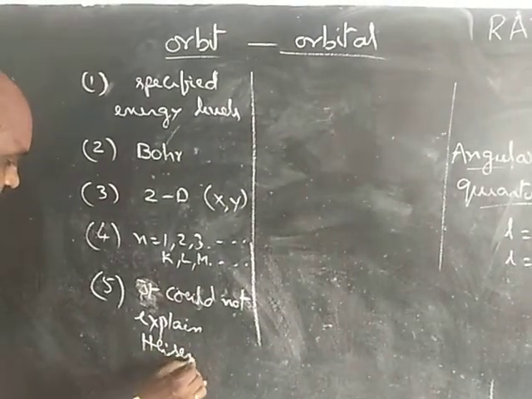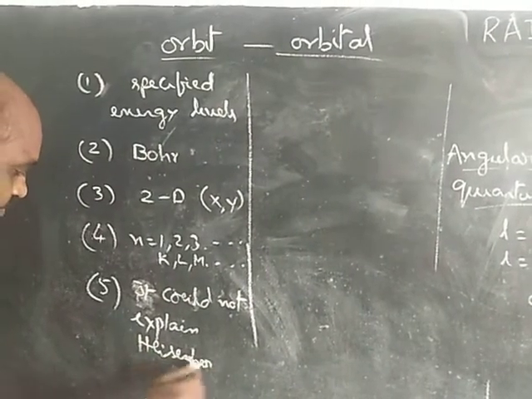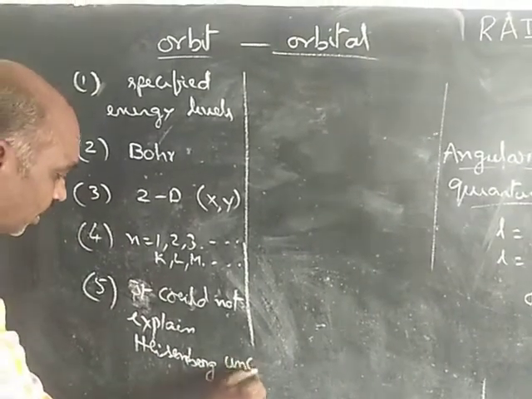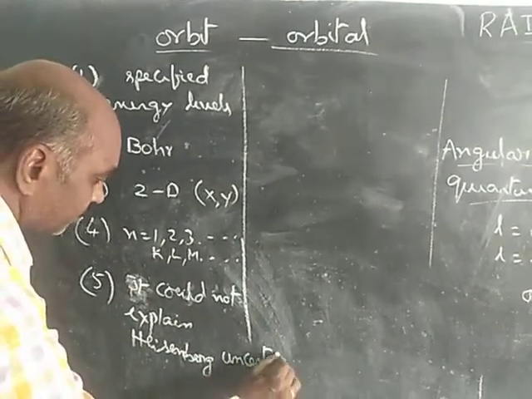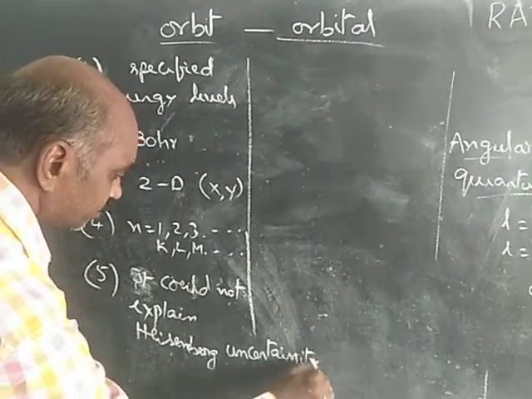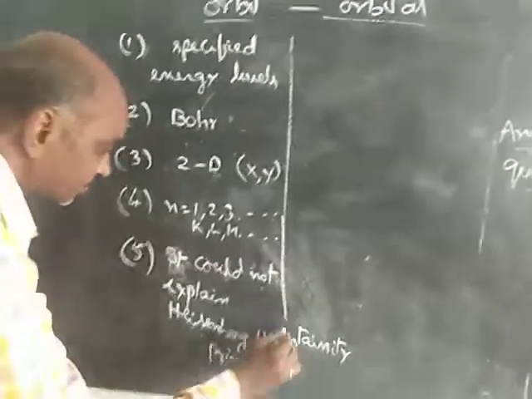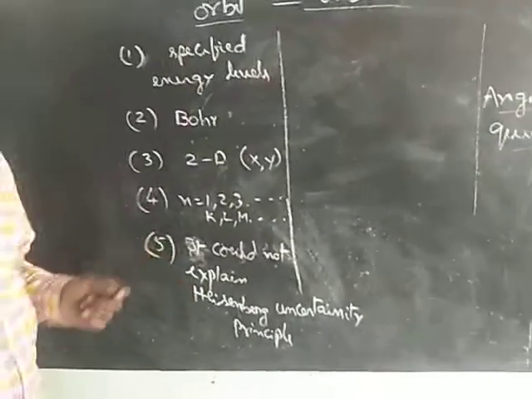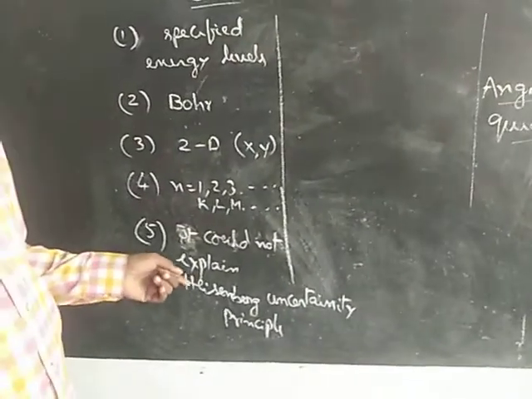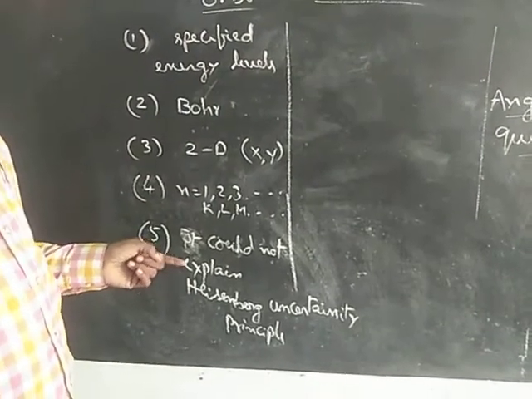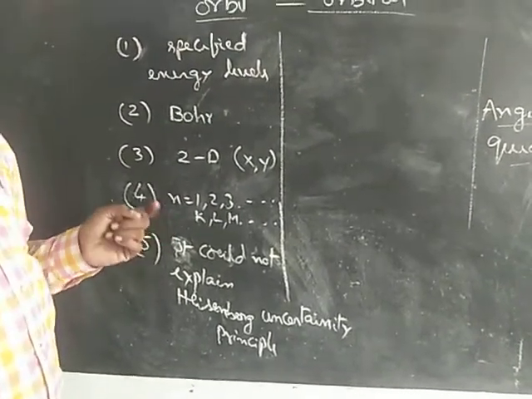the Heisenberg uncertainty principle. What is the Heisenberg uncertainty principle? Electrons are revolving around the nucleus. At that time, we cannot define the properties.